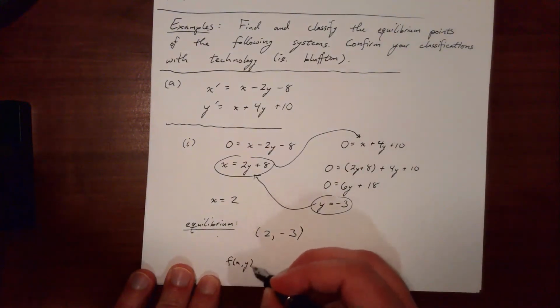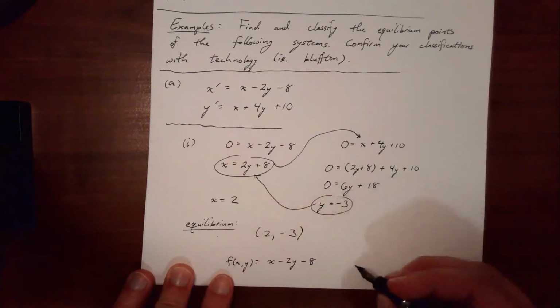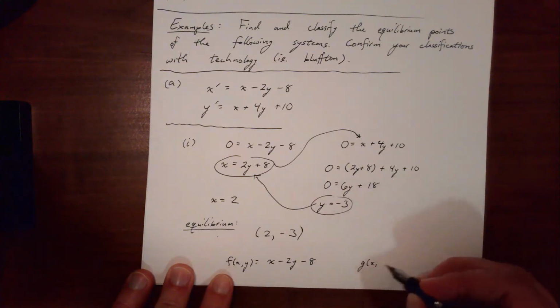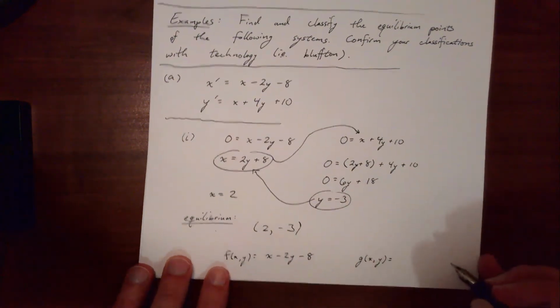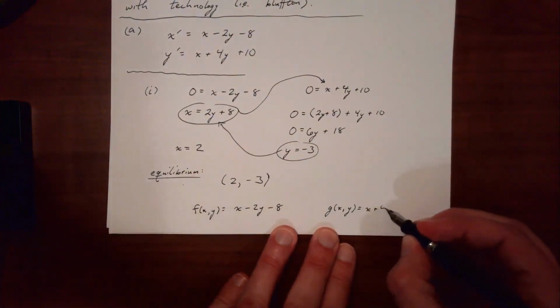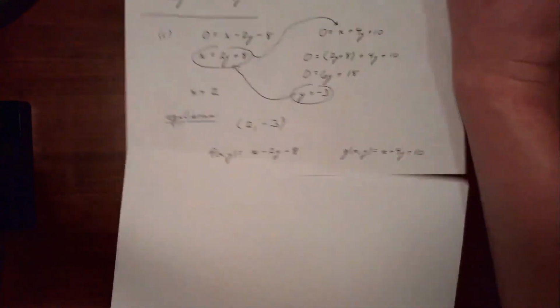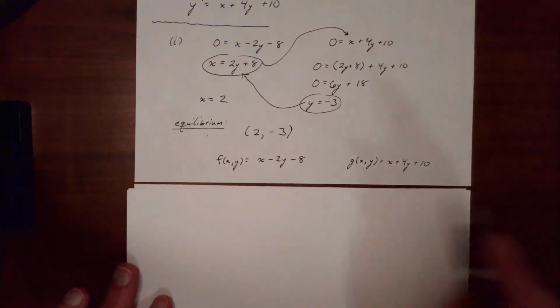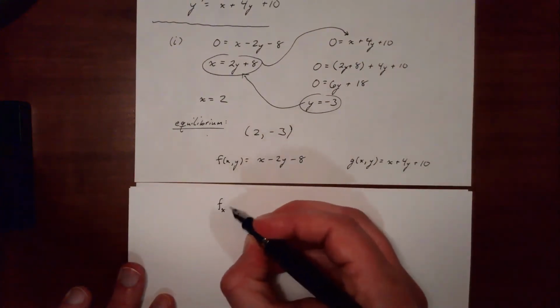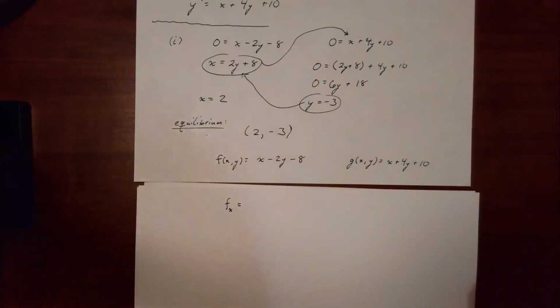Now, f of x comma y equals x minus 2y minus 8, just identifying the players in this little drama. g of x comma y is equal to x plus 4y plus 10. So now I can calculate my partial derivatives. As I take the derivative with respect to x, I'm treating y like the number 5 or pi or any constant.